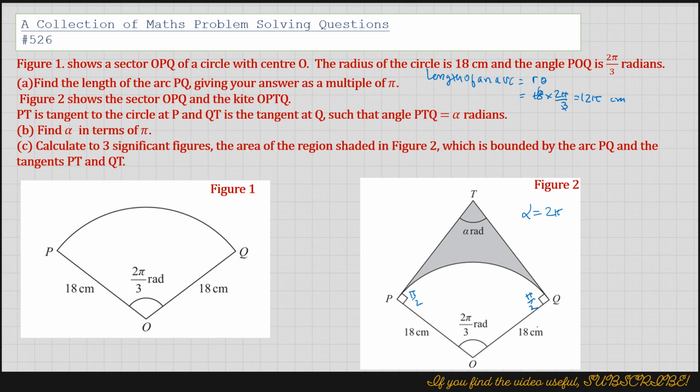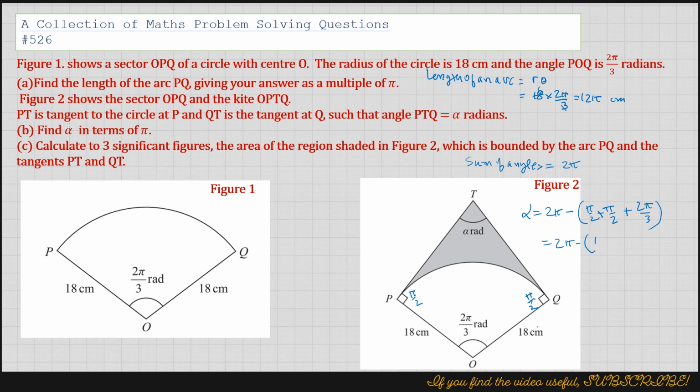The sum of the angles equals 2 pi. It's a quadrilateral kite, so 2 pi minus pi out of 2 plus pi out of 2 plus 2 pi out of 3.